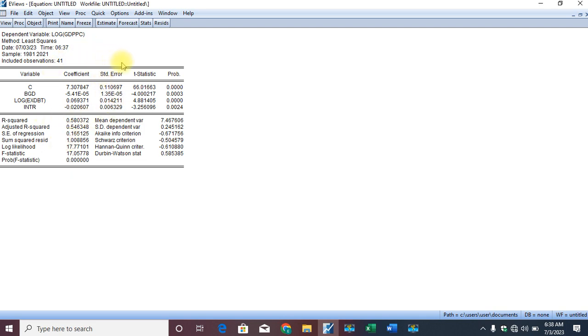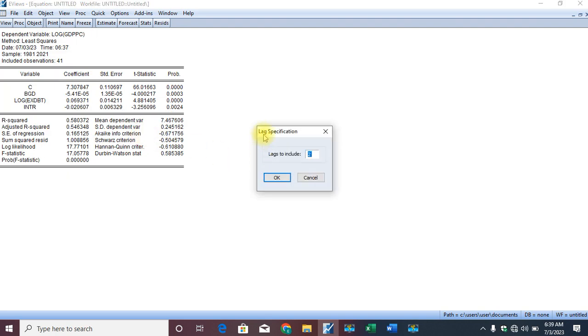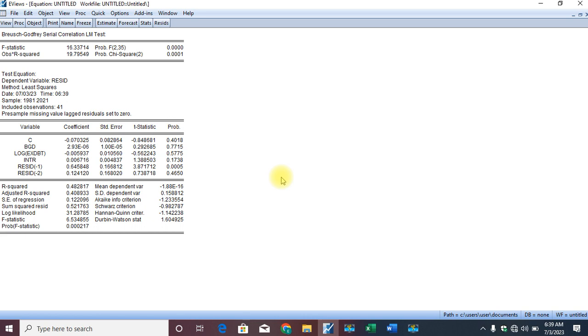To check for the presence of serial correlation, you go to View, you maneuver to Residual Diagnostics, you move on to Serial Correlation LM Test. If you hit this button, you will be exposed to the lag specification. You click OK without changing anything. You will now be exposed to the serial correlation results.